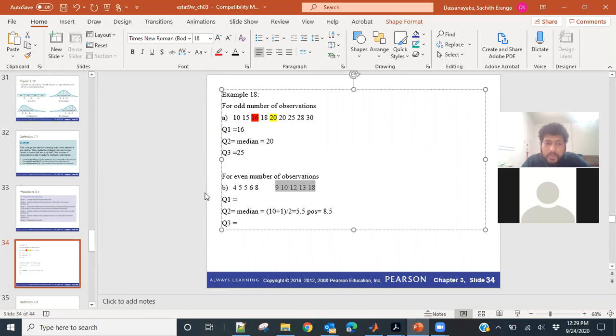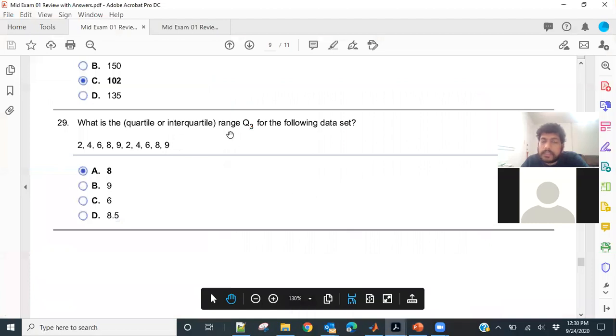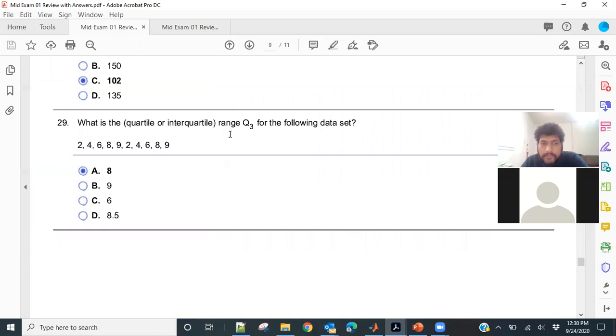Here Q1 is 5, Q3 is 12. And again, n plus 1 divided by 2. That's how we deal with range, and with Q1, Q2 and Q3.